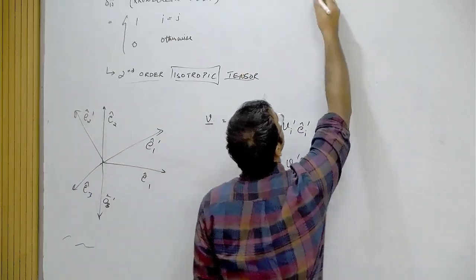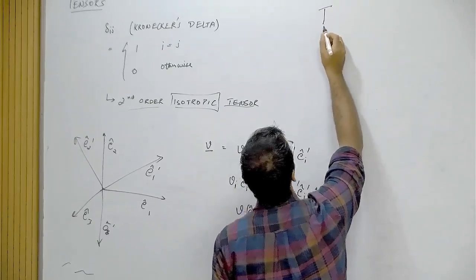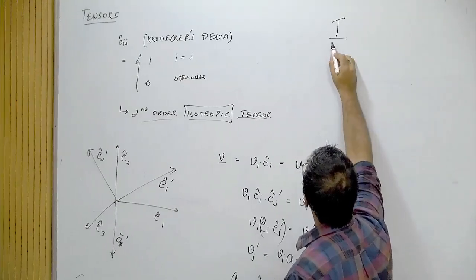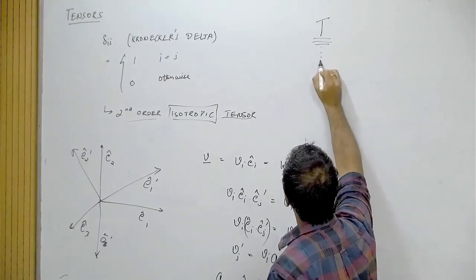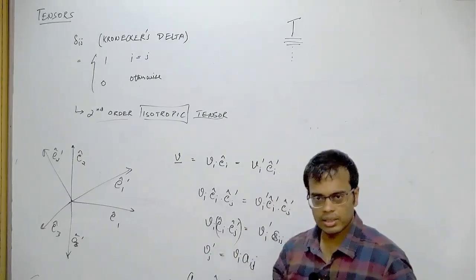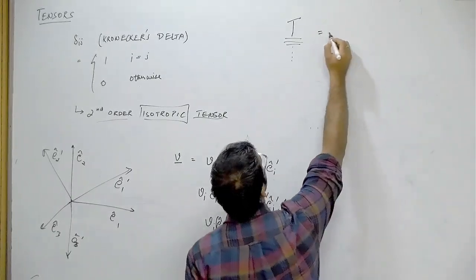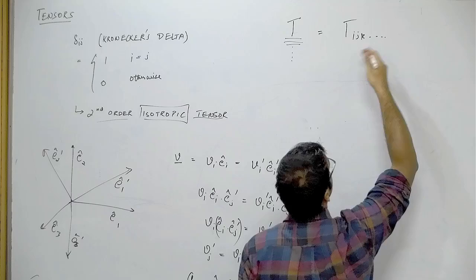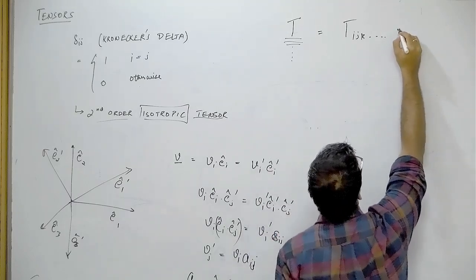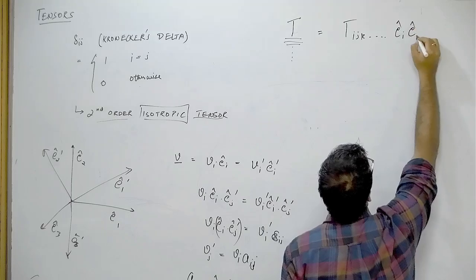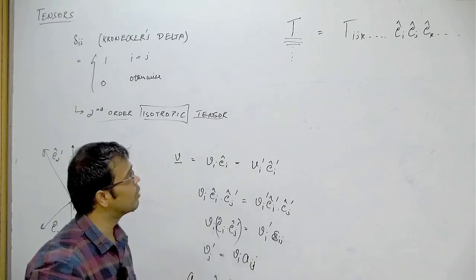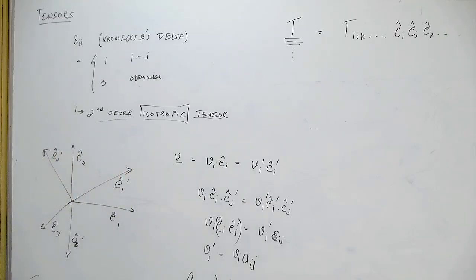I'm going to write a vector with a single underline, a second order tensor with a double underline. So you can think that I'm writing a general nth order tensor. Then this is going to be, let's say, t i j k, whatever order is there, and then e hat i, e hat j, e hat k, whatever is the order. Okay, so this is how a tensor is represented mathematically.